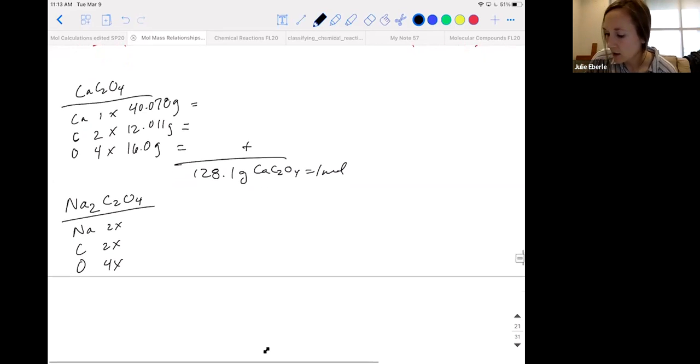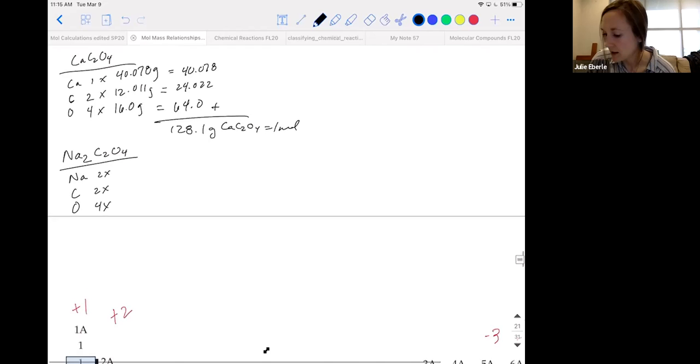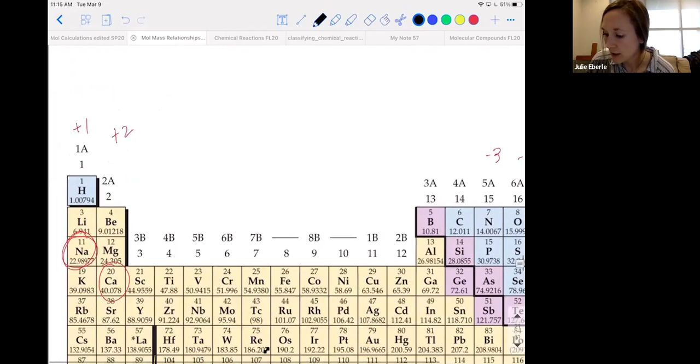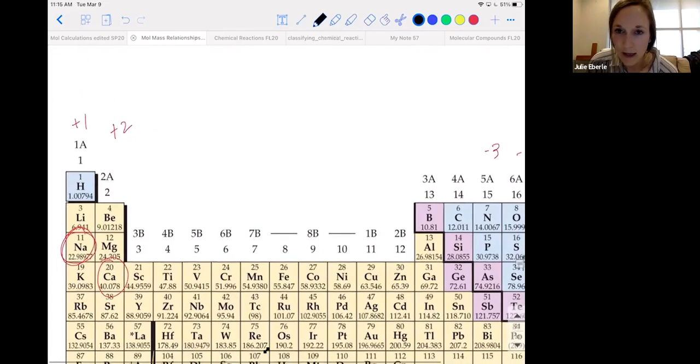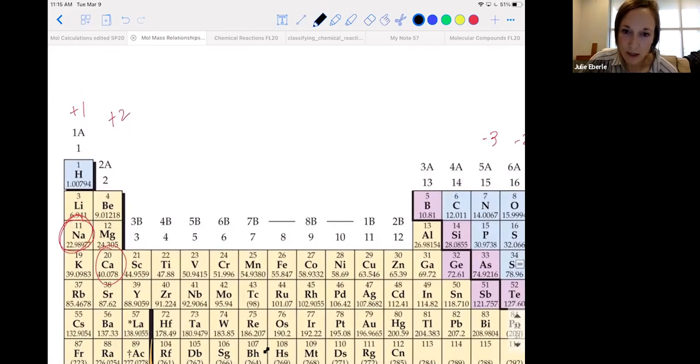And then the sodium oxalate. Sodium, if you look at the periodic table, I'll come back to that in a second. Sodium is 22.98977. So that's another one, just like oxygen, I just round to 23.0.